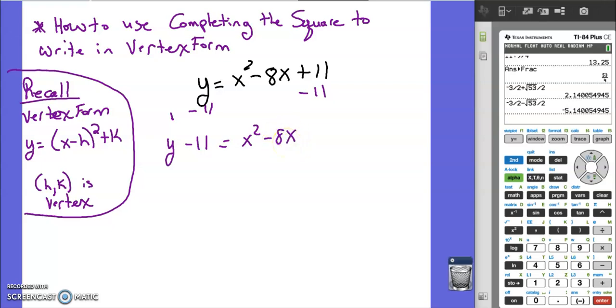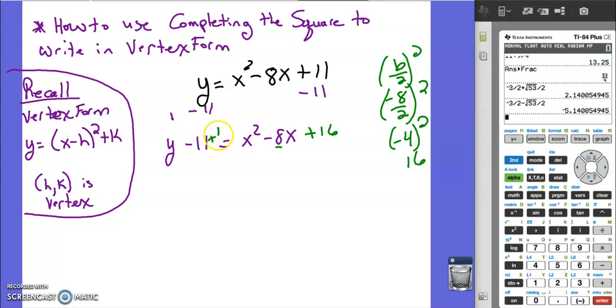And then you're going to use completing the square. So remember, we take b divided by 2, and square it. b is negative 8, it's right here. Divide that by 2, which is negative 4. And so 16 is what I'm going to add to both sides of the equation. So this is going to be y plus 5 over here, and this is going to factor to x minus 4 squared.